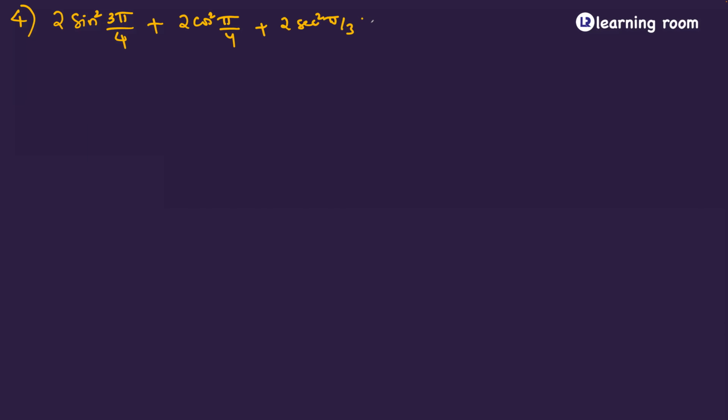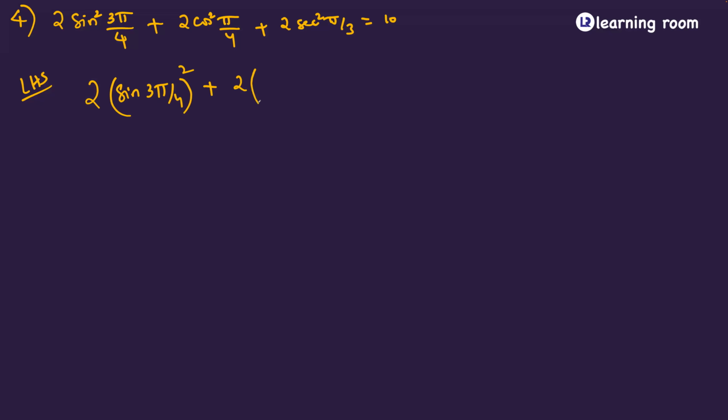Okay, 10. So this question is 2 sine square 3 pi by 4 plus 2 cos square pi by 4 plus 2 secant square pi by 3 is equal to 10. So if you take the LHS into consideration, 2 times sine 3 pi by 4 the whole square, right?